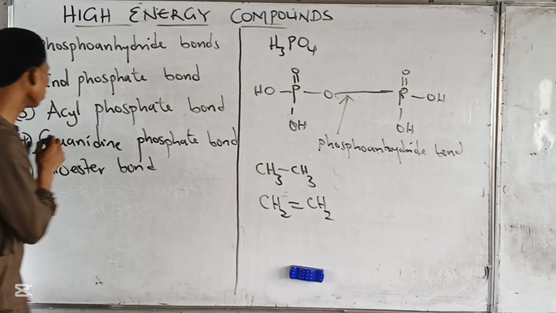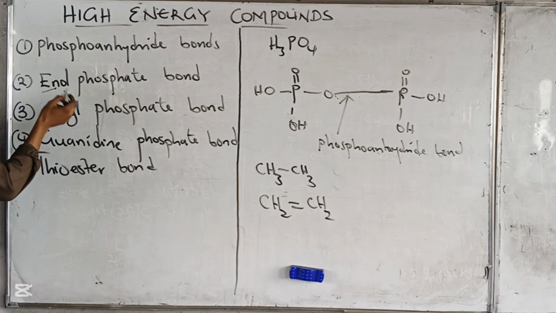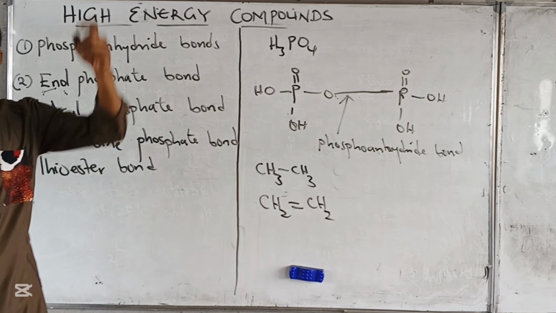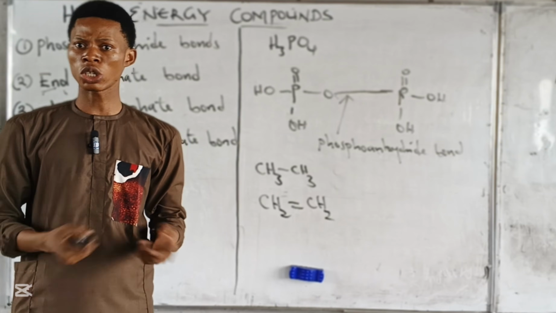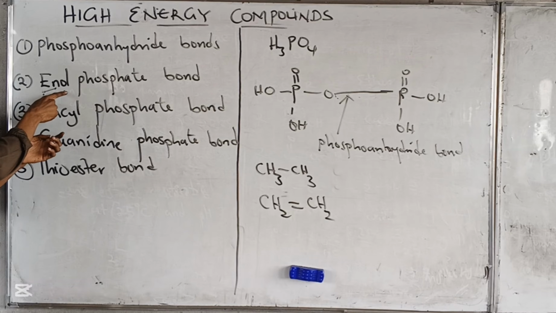Now here we say enol. In 'en', the double bond; 'ol' is what? Alcohol, right? So if we have enol, it means the OH is placed on a carbon bearing a double bond. Is it not? So enol means alcohol placed on a carbon bearing a double bond.